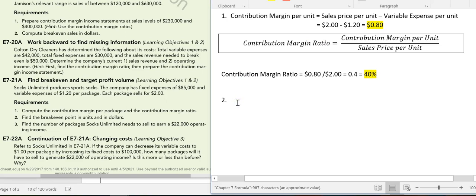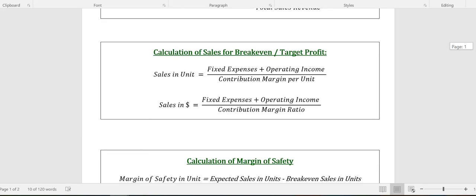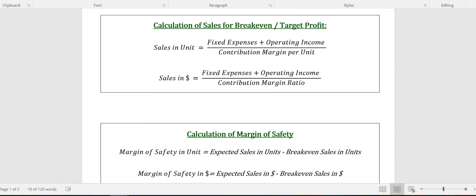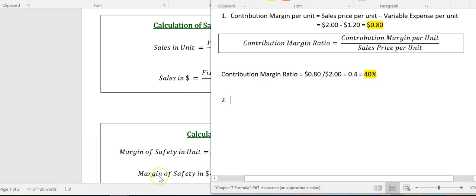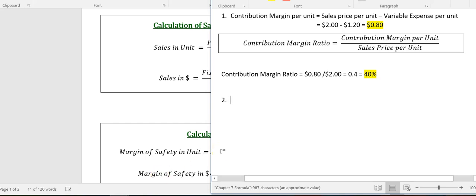Now to calculate break-even points, which could be either in units or in dollars, you need to know the formulas. So we will take a look at our second box where you know the formula. First, if you want to calculate your break-even in units, this is the unit formula. Let's copy and paste the formula, but you have to remember the formula.